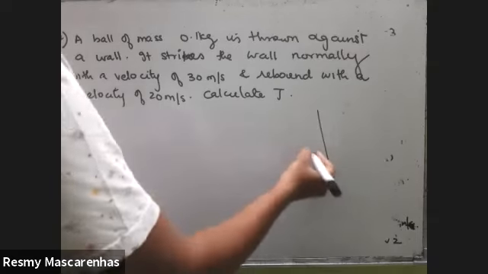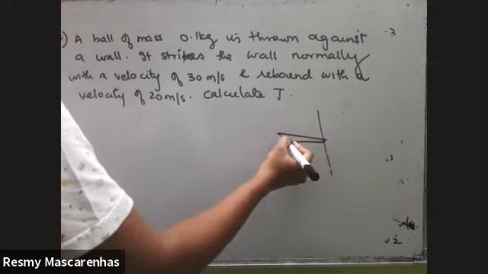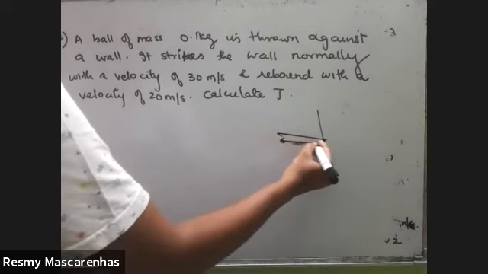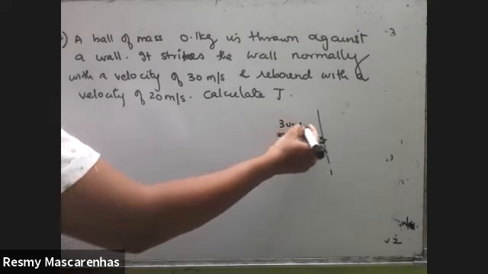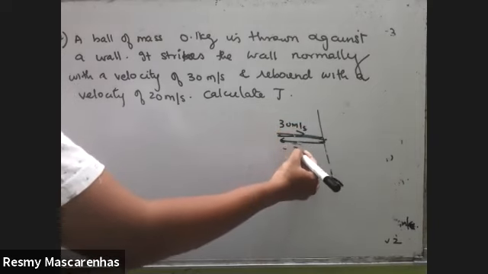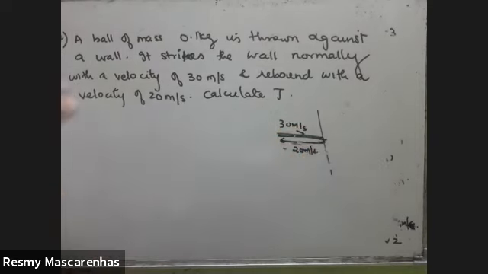Like there's a wall, coming back in the same direction. So this is going at 30 meters per second. This is coming back at 20 meters per second. That will be minus, you have to take.